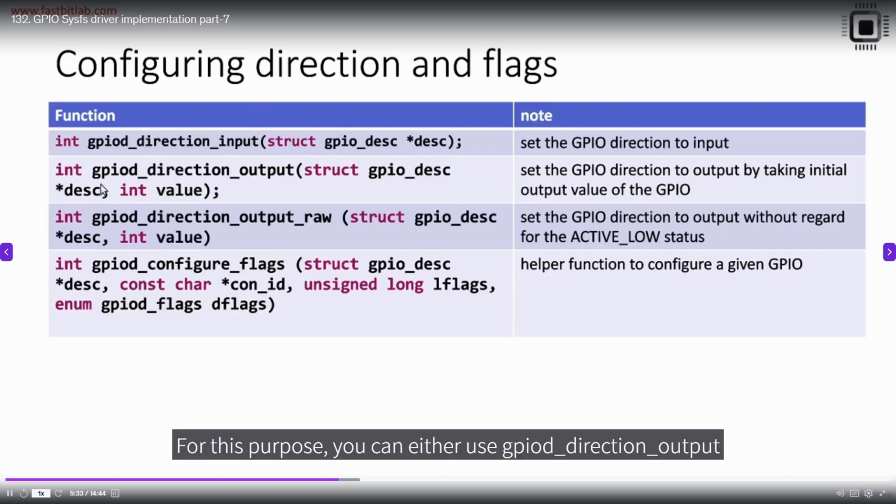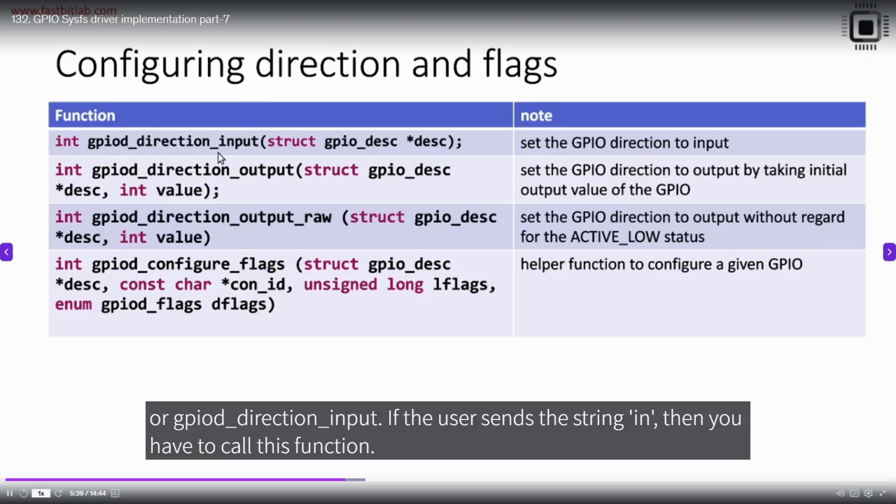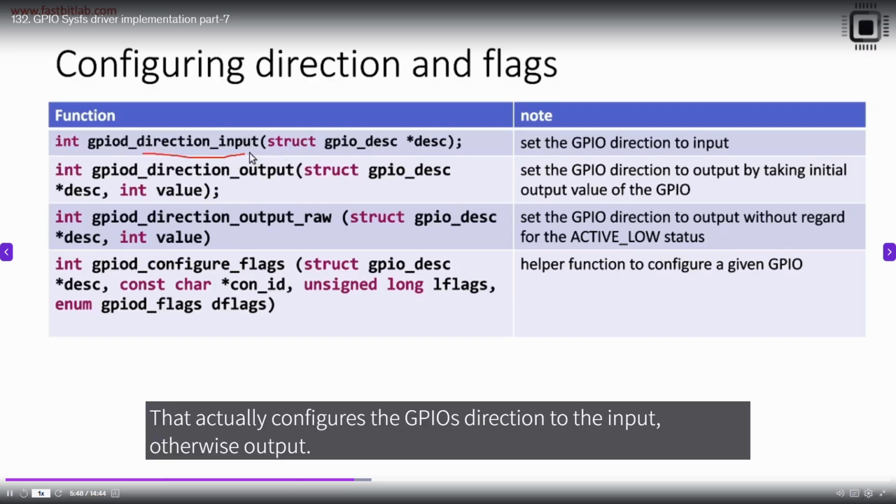For this purpose, you can either use gpiod direction output or gpiod direction input. If the user sends the string in, then you have to call this function. That actually configures the GPIO's direction to the input, otherwise output.